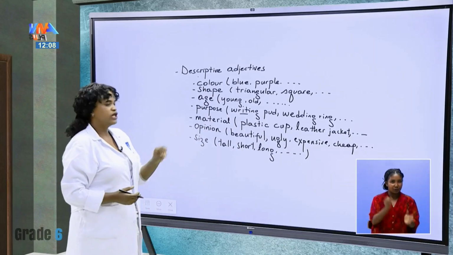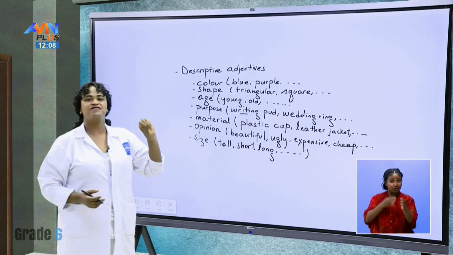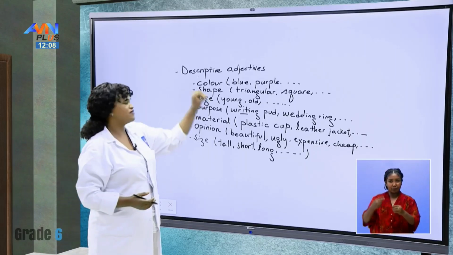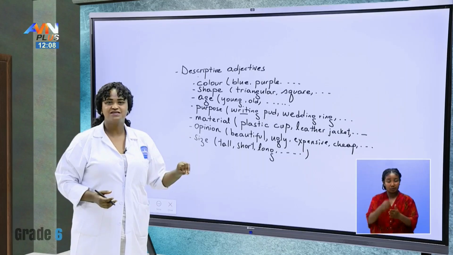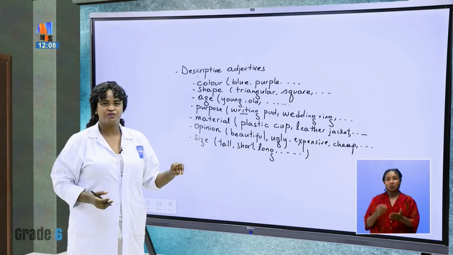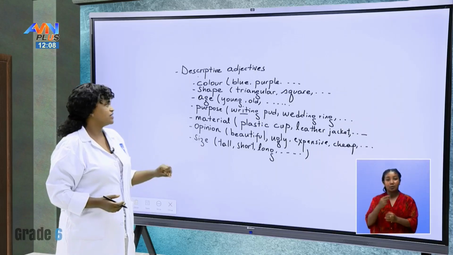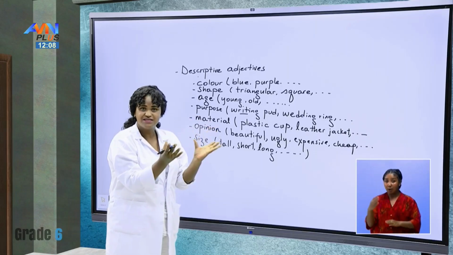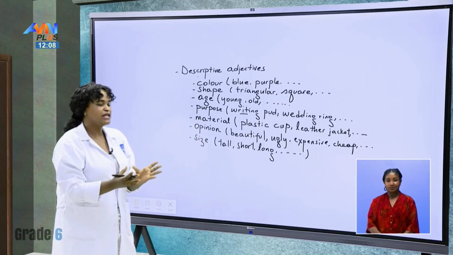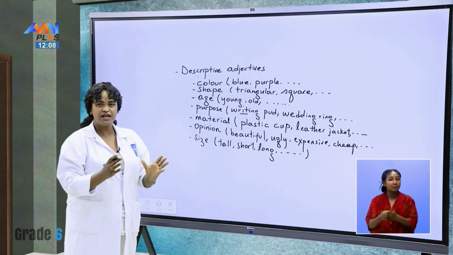For example, if you remember when I described my friend, I used most of these adjectives. Especially when I talked about her eyes, which one did I use? Yes, I used the color, yes? I said what? Bright brown eyes, yes? And how about when I talked about her in general, I said what?